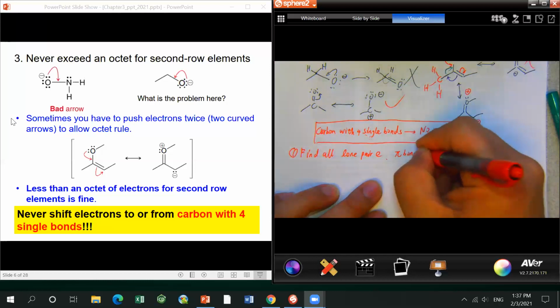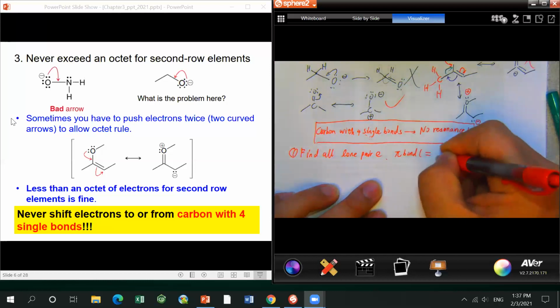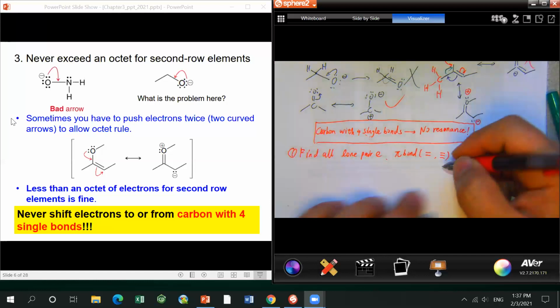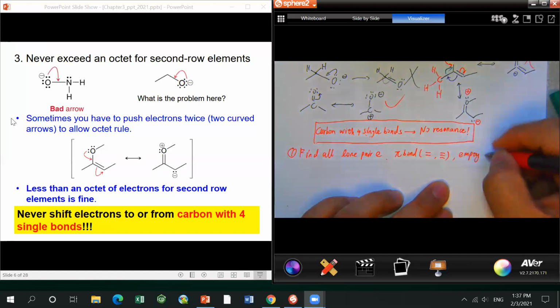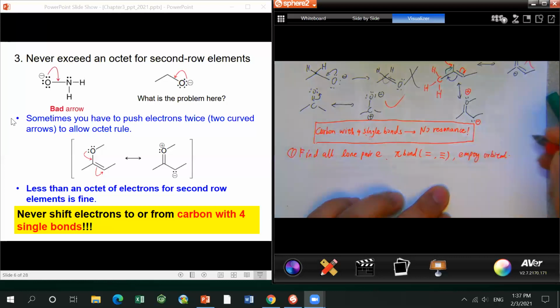The pi bonds include double bonds or triple bonds. And also empty orbitals, empty p orbitals. Just empty orbitals.